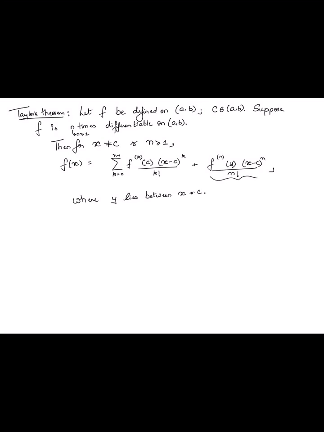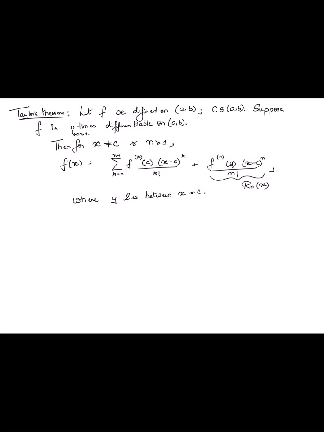Okay, and this is really what we have been calling Rn of x, right? The error associated with the n minus 1th order Taylor expansion. So once again, the function has to be n times differentiable, n greater than or equal to 1. In that case, for x not equal to c, the function is equal to the n minus 1th order Taylor expansion plus Rn of x, which is the error associated with this approximation, where Rn of x can be expressed as follows.